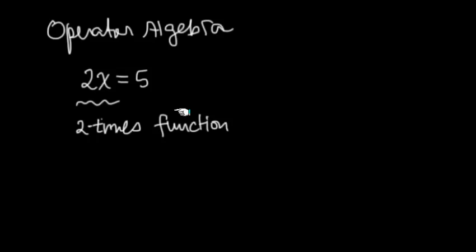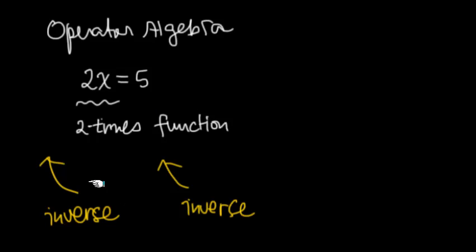From an algebraic point of view, or a functorial point of view, you can describe the entire solving process as follows. What we're really doing when we solve is doing operations to both sides of the equation.